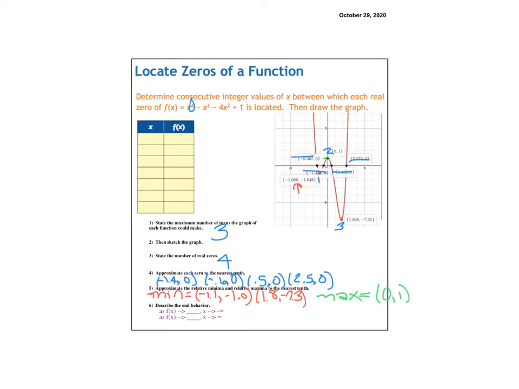So here, as we move to the left, towards our x's being more negative, we're pointing up towards positive infinity. And as we move to the right, where our x's get more positive, we're moving up towards positive infinity. So our end behavior is positive infinity for both sides of our function.